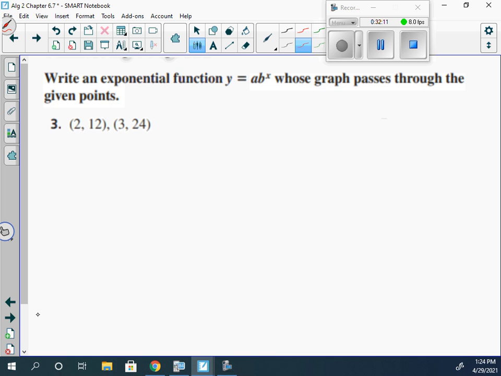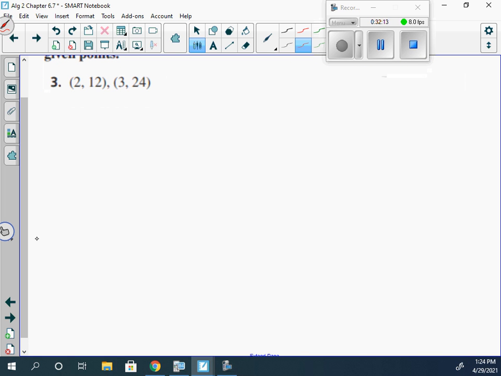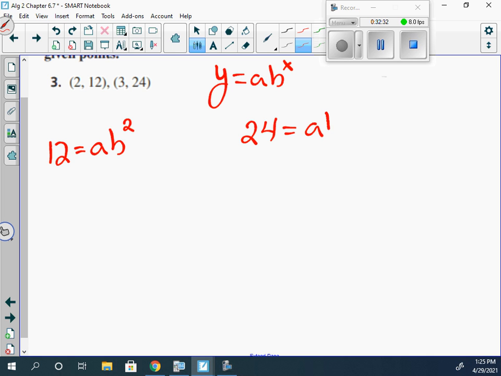So let's look at this here. We're still dealing with y equals a times b to the x. Here our y value is 12 when x is 2. Our other one, y is 24 when x is 3.